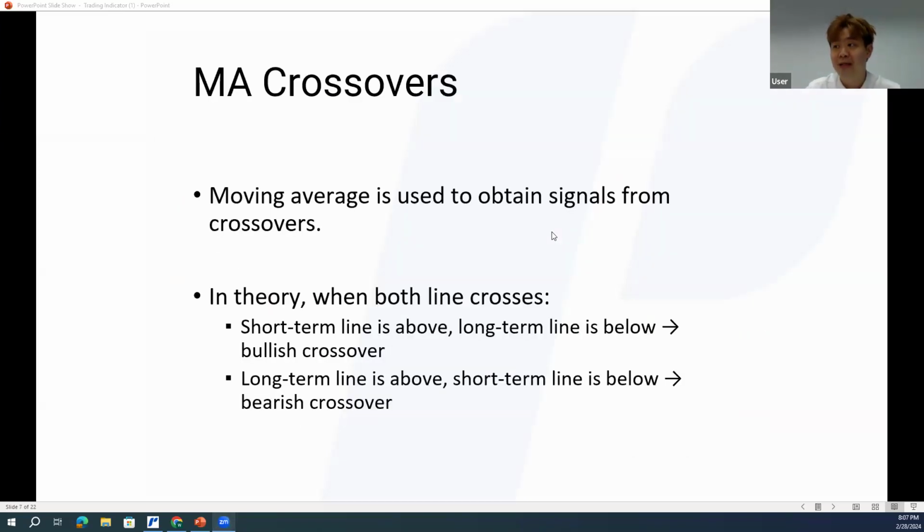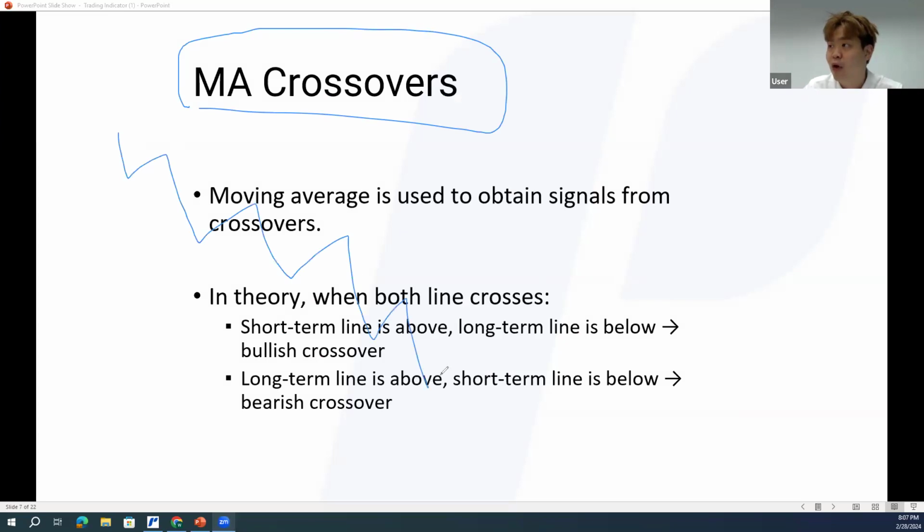So after we have all these prices, we can identify the big trend. Now we are trying to understand what the MA crossover is. MA crossover is normally used to predict whether there is any trend reversal or not. For example, if the overall trend is going down, when is a good time for it to rebound aggressively? This is where we can use the moving average to predict it.